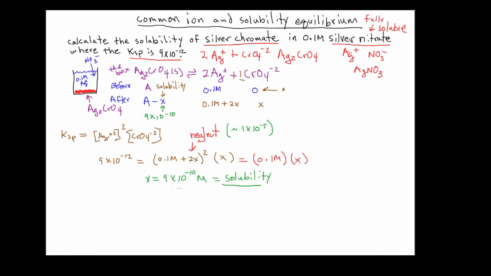Now, here's what I meant when I was talking about neglecting the x. The x value here is 10 to the minus 10th, and you can see that the common ion is at a concentration of 0.1 molar. So these two values are so far apart that there's absolutely no problem with the fact that we dropped the 2x out of this sum. All right, and that's just finishing the circle on that particular issue.